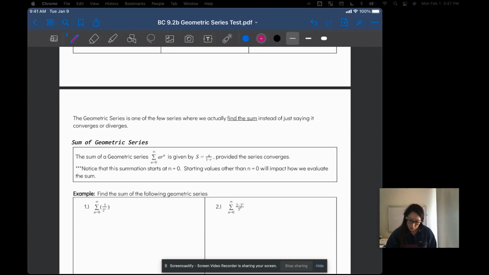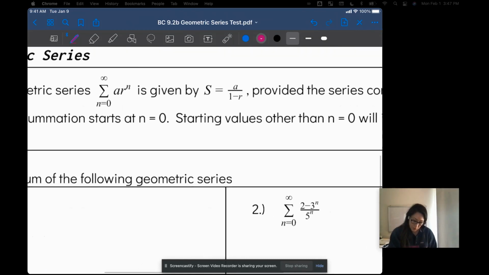And so what we know is that if we have a sum that is written as a geometric series, so the sum when n equals 0 to n equals infinity of a times r to the n, we know what value it adds to by just plugging it into the formula a over 1 minus r.